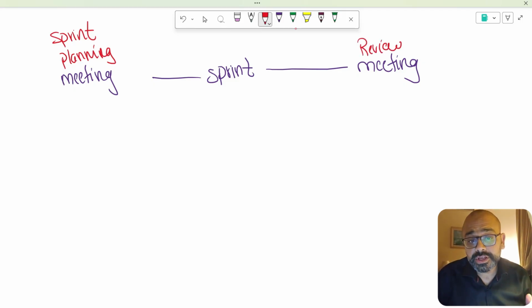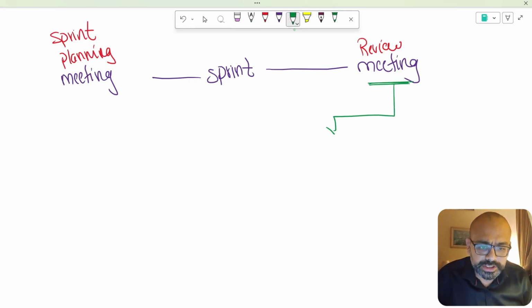And then there is a review meeting. The review meeting is the meeting where you review your previous sprint and then you plan your next. If you are talking about the sprint, it is known as the sprint review meeting. If you are talking about iteration, which is the same, you call it the iteration review meeting. Now, this iteration review meeting or sprint review meeting has two parts.